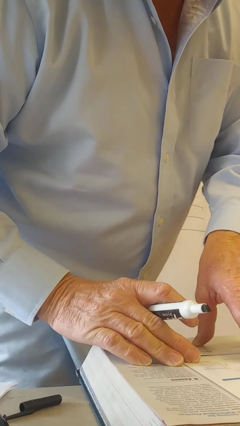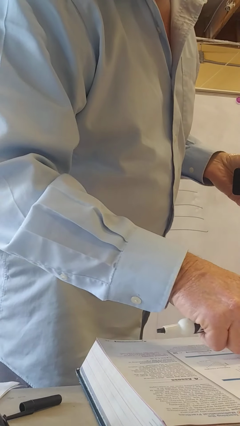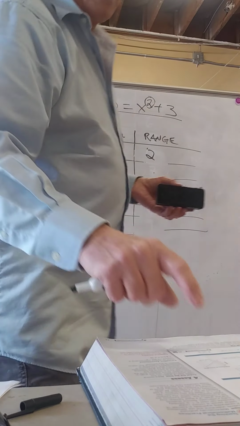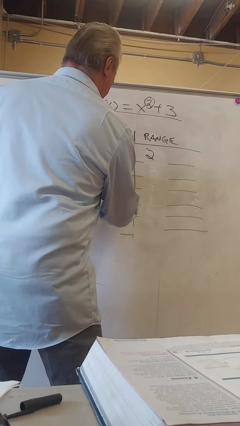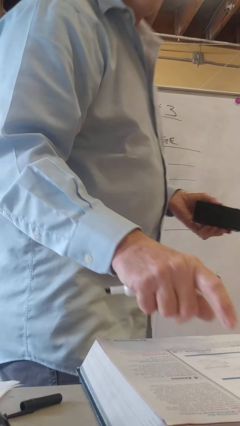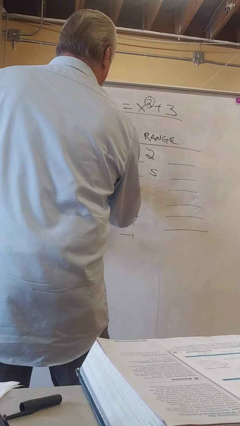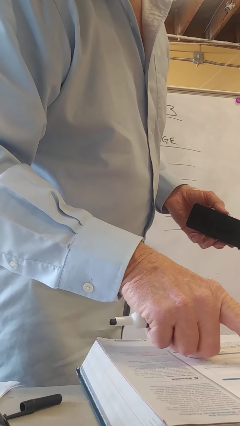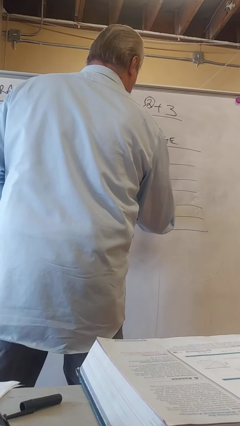All right, next one. That would be number 28. They say 0 and 2, 3 and 5, and then 0 and a -1, and -2 and 4.